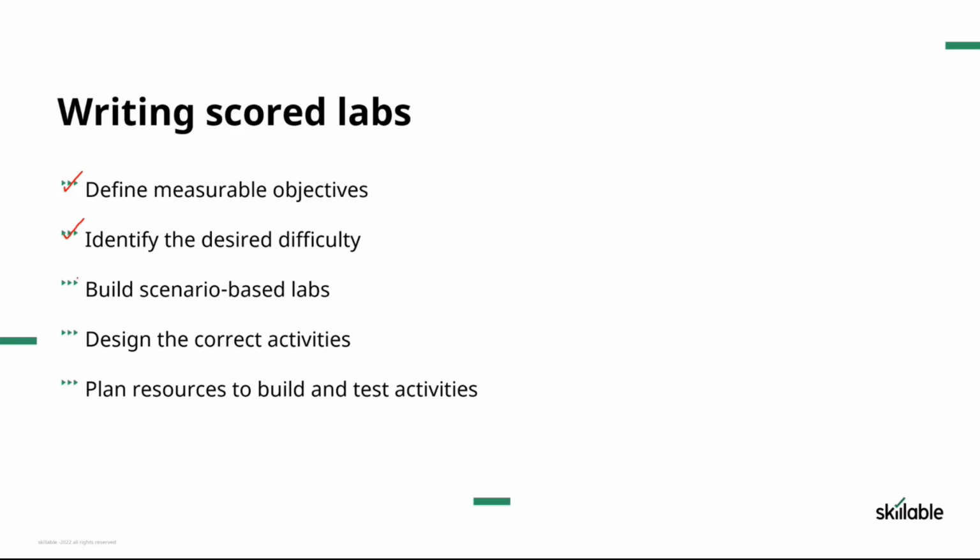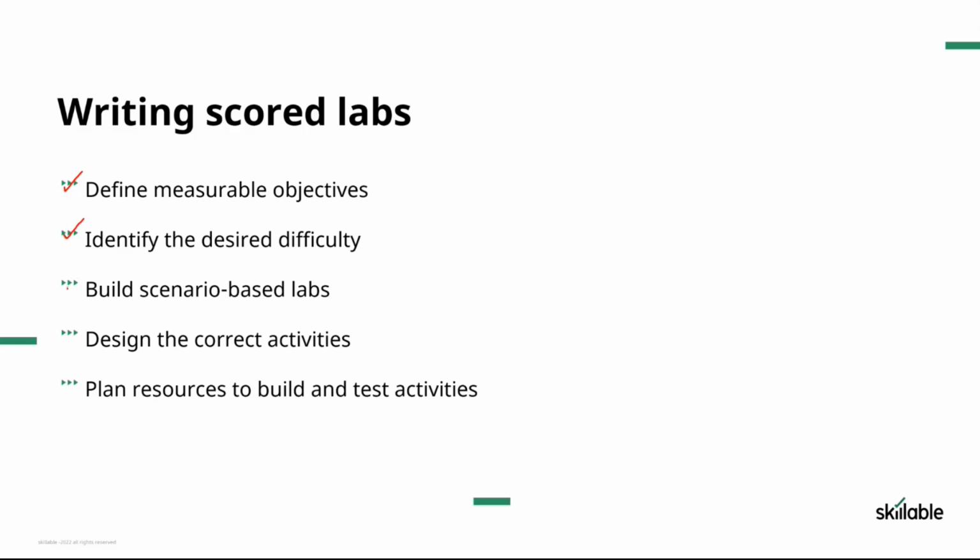I may not directly tell you how to provision a storage account, but here's the storage account. Go provision a storage account that looks like this, that has these settings. And maybe you give some help for that. Or maybe your desired level of difficulty is you just want to give them step by step. That's fine, but identify how much you want to give the learner.